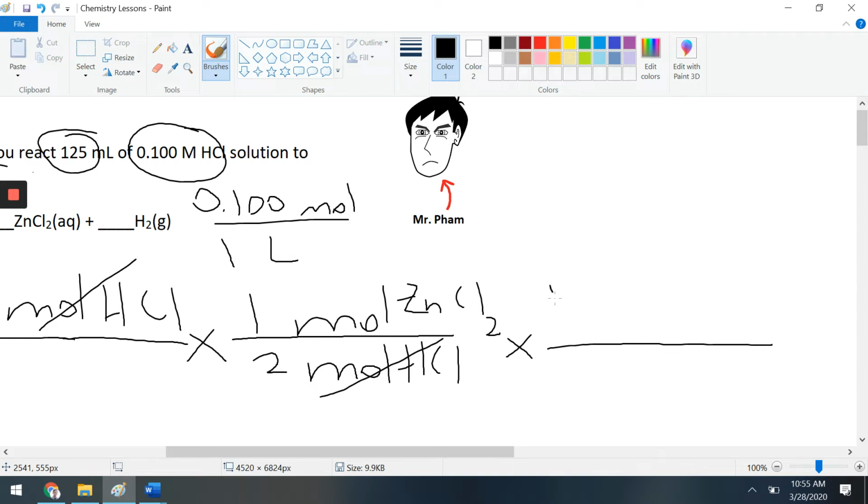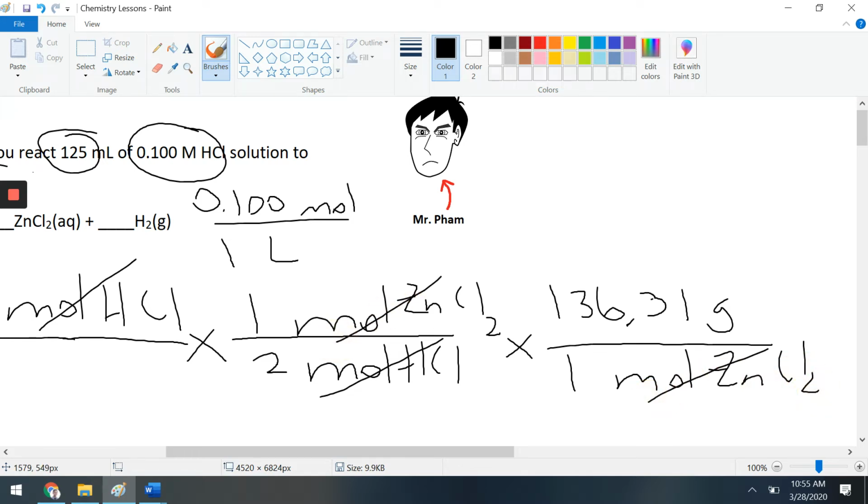It should be 136.31 grams for every 1 mole of zinc chloride. There we go. Moles cancel out, and then you have grams at the top. And of course, that is it.